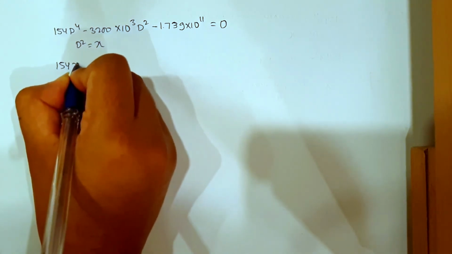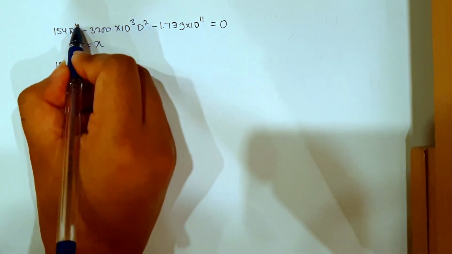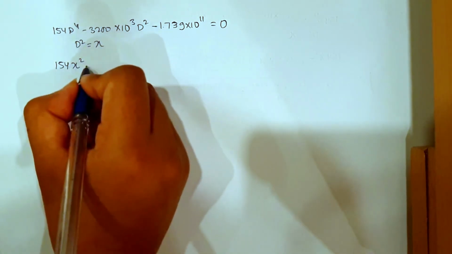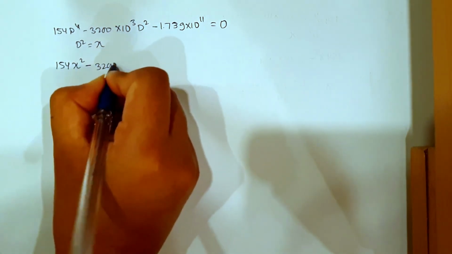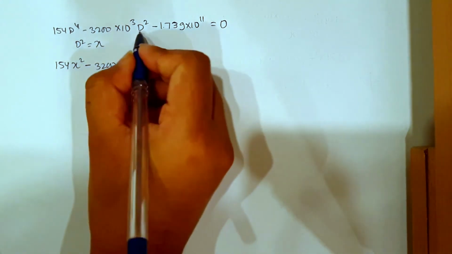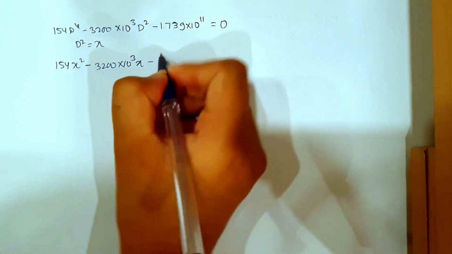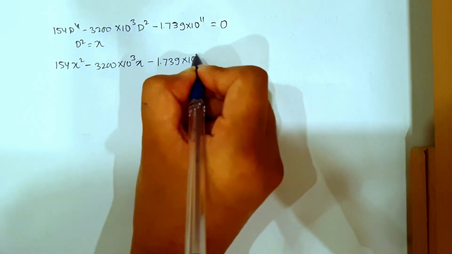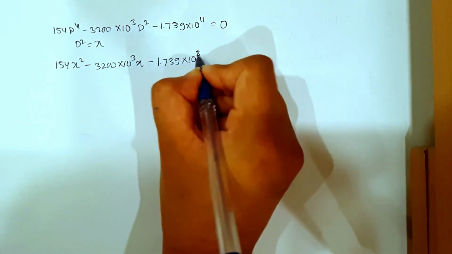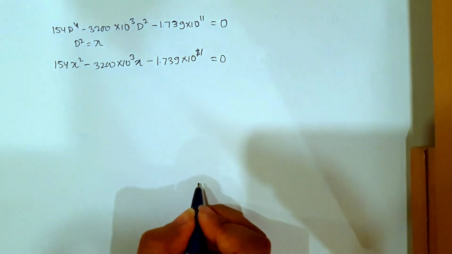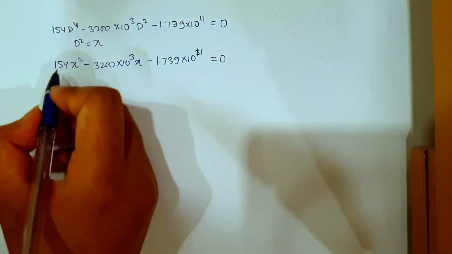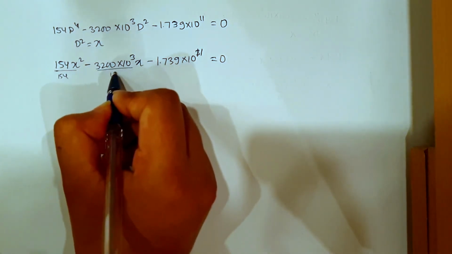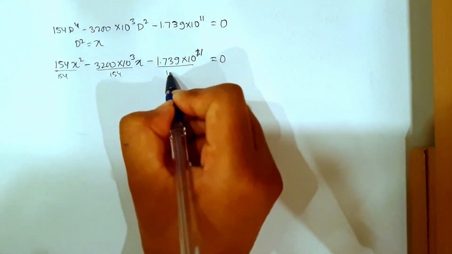154 x square, right? So d raised to power 4 here will be square according to this, right? Minus 3200 into 10 raised to power 3 d square is equals to x minus 1.739 into 10 raised to power 11 equals to 0, right? Now from here I can divide this with 154 and even this with 154 and this one with 154.